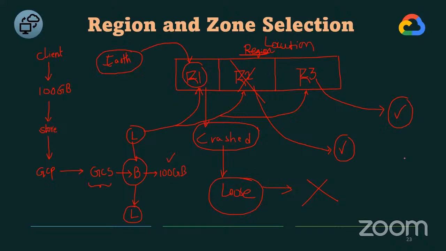So this is how you can help protect against the unexpected failures. If you wanted to avoid the loss of data, or if you wanted to have your data all the time with you, always go for multiple regions or multiple zones. That is what the second point says. Very beautiful point, I'm telling you guys.